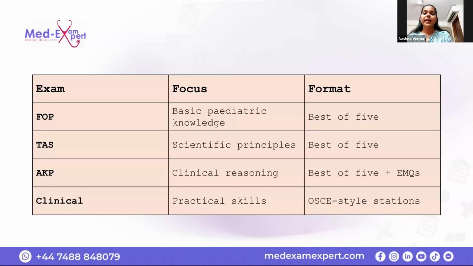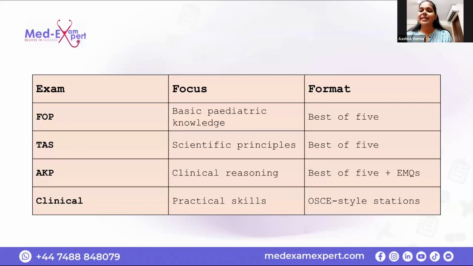Also, with that, they ask you questions related to ethics and safeguarding, which is also a part of part one exam. But yes, AKP is a little more advanced version of what you are asked in FOP, right? So that's AKP for you, and it consists of best of five questions, as I explained just now. And there are also EMQs.